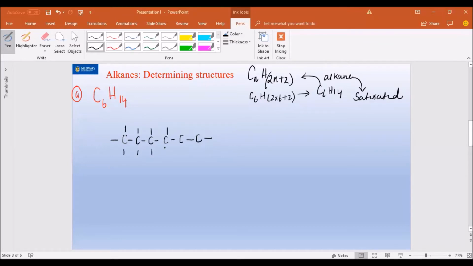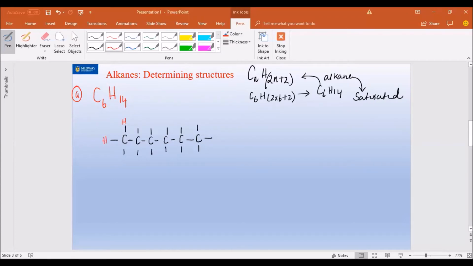Because every carbon in every direction can only have 4 bonds max, and it's a must. It doesn't have an option to have 3 or 4. You can have single, double, or triple bonds, but you would still see the carbon has 4 bonds, surrounded by 4 bonds at every angle. Now let's start putting hydrogens on the ends.